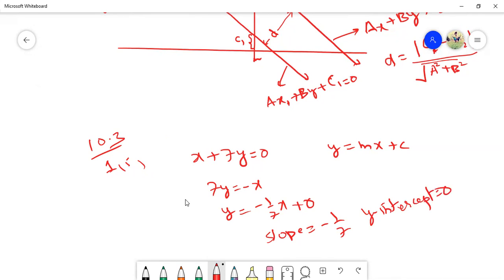So like this we can convert the other equations also into y = mx + c, and then we can find the slope and the y intercept. The question is to convert this into this format and find the slope and y intercept. So we have converted it into y = mx + c, and the slope of this line is -1/7 and the y intercept is 0. Thank you.